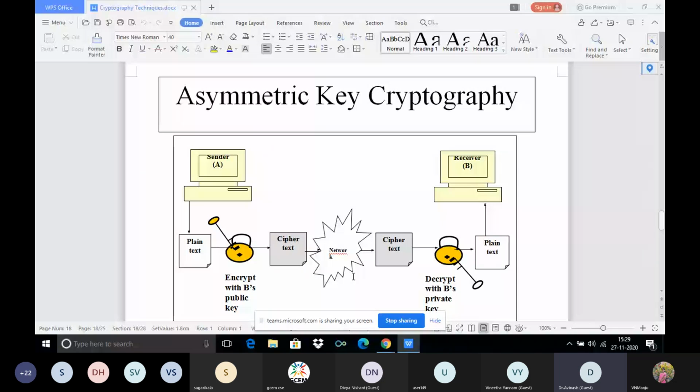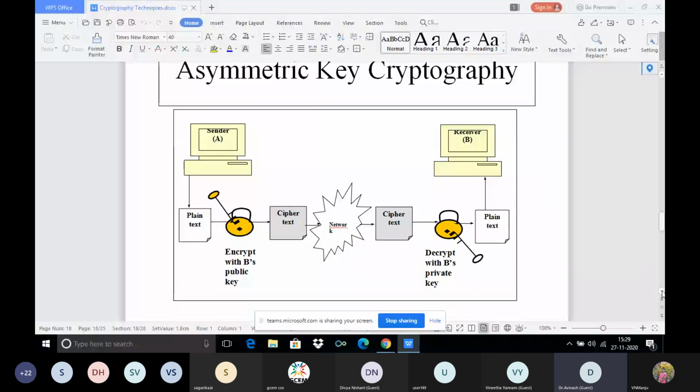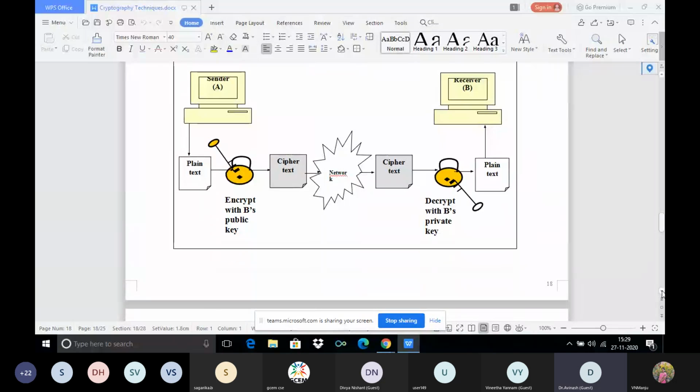The ciphertext received at B's end is decrypted with B's private key. So again we obtain the plain text. The receiver understands what message was sent from the sender A. So this is the asymmetric key cryptography, and this is how it works.